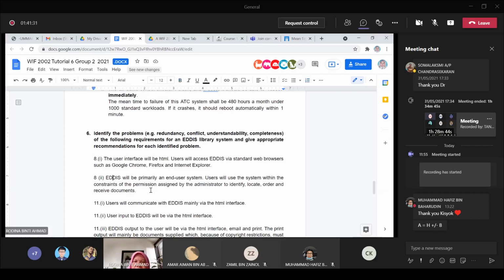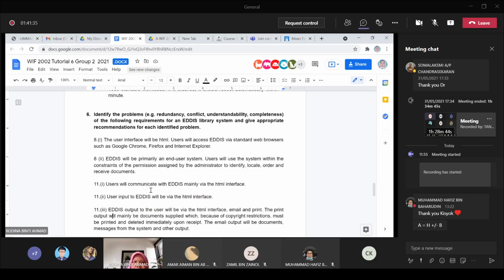So can you find any redundancy between these 5 requirements? You find any redundancies? Anyone?